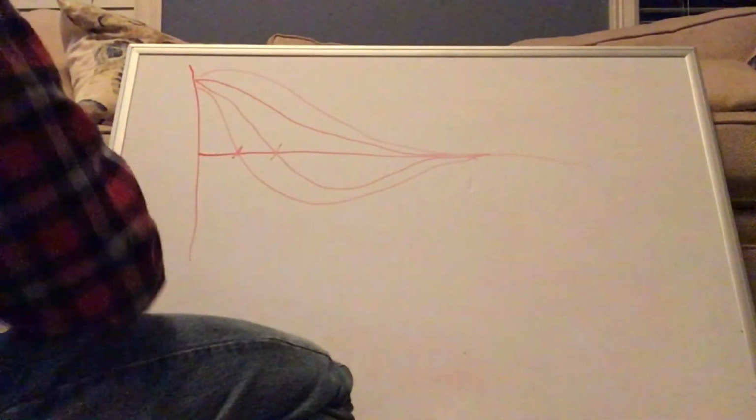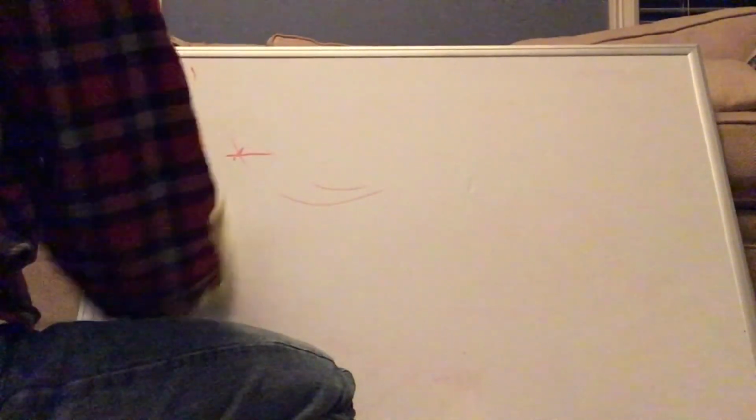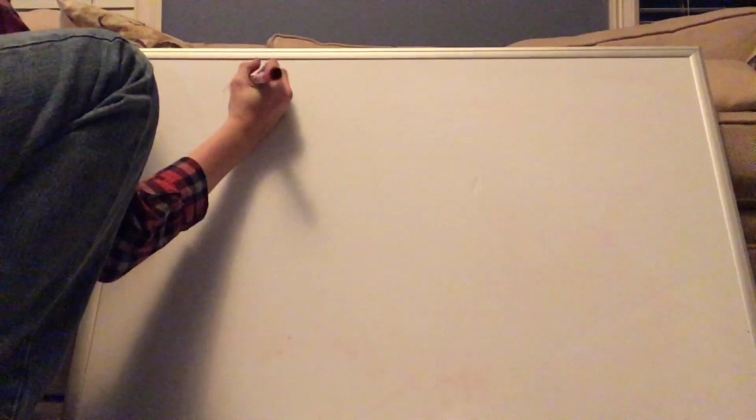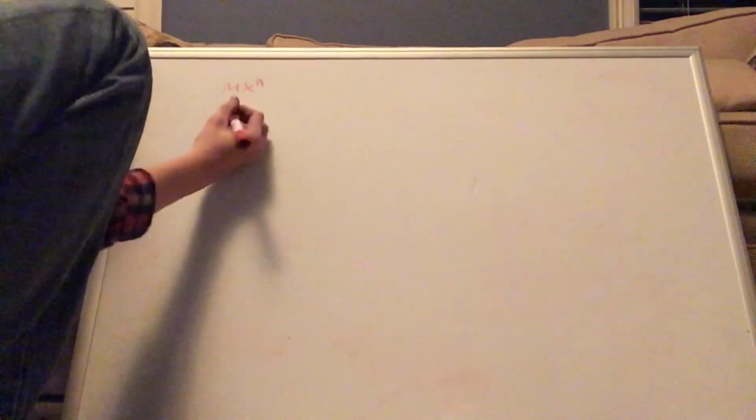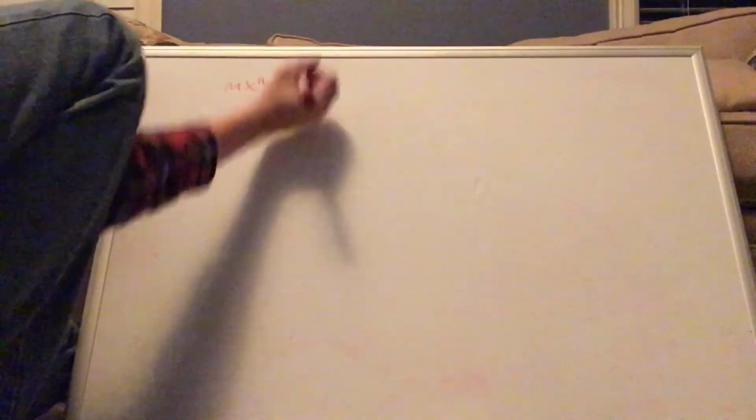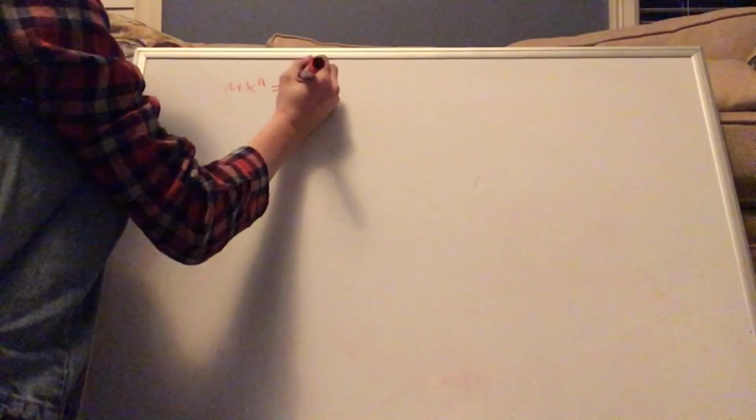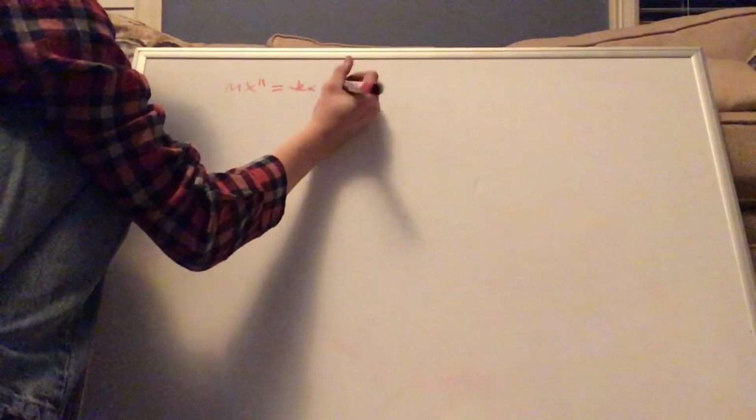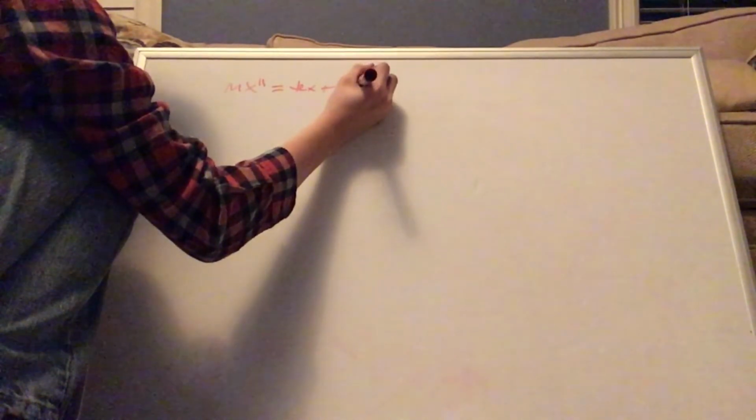So I'm going to imagine that we have our setup, and for whatever reason we want to have the spring critically dampened such that there's no oscillation. It only crosses either once or none. So let's just set it up. Mass times acceleration, m times x double prime equals negative kx plus cx prime.